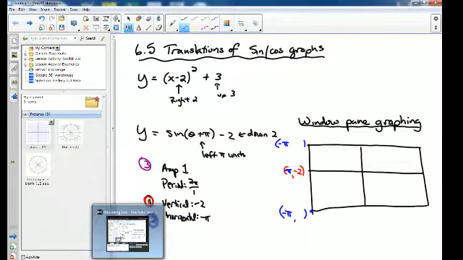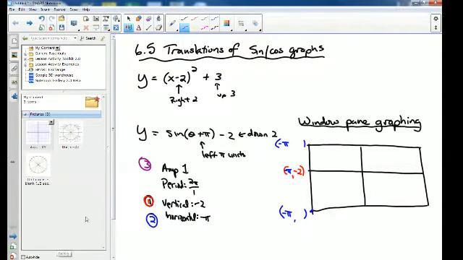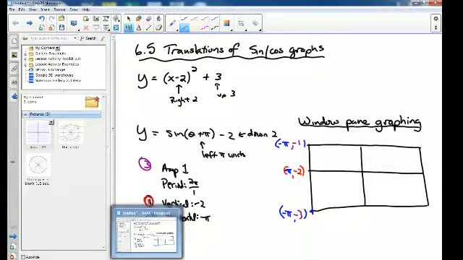It's just a corner. If the amplitude's 1, what is this value here going to be? Negative 1 and negative 3, right? So here's the center line of your function. You're going up 1 and down 1, amplitude.